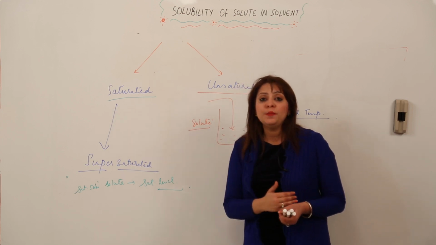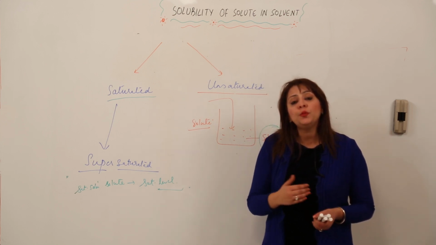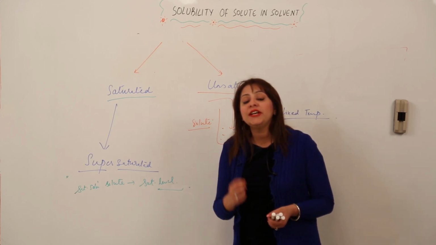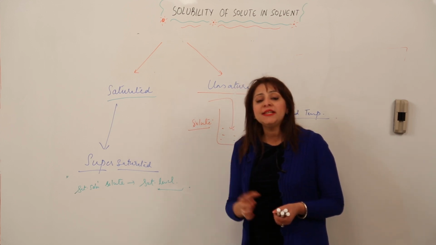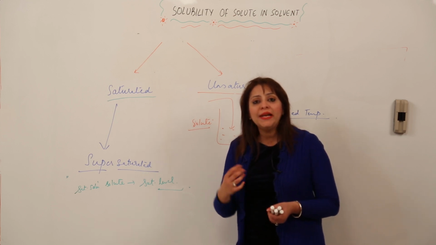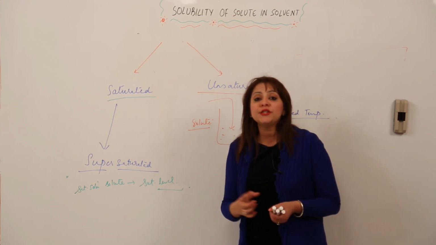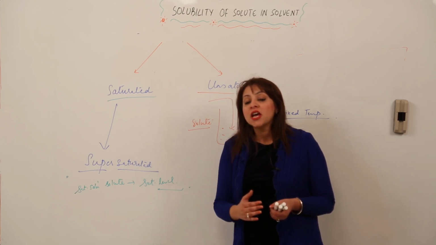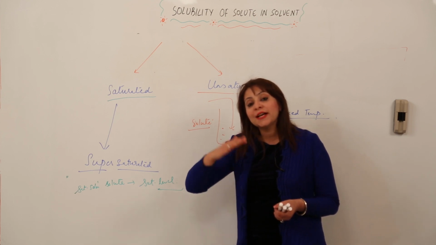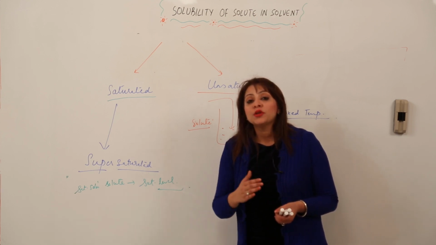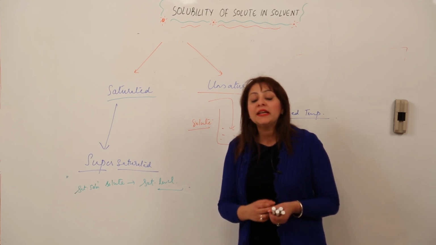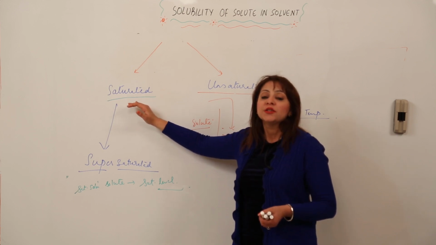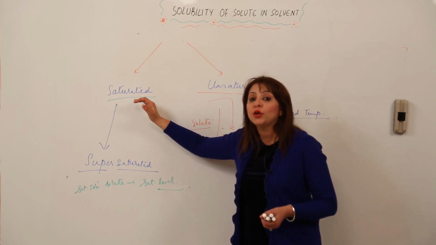Now, if I wish to make that saturated solution supersaturated, how can I make it? I can do it by increasing the temperature, because when I'm heating it, boiling it, the ability of the solvent to dissolve the solute will increase. And how much will it increase? More than its saturation level. So it will hold a greater amount of solute than a saturated solution can dissolve.